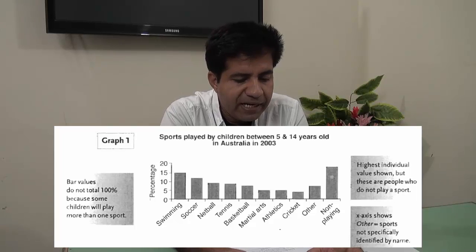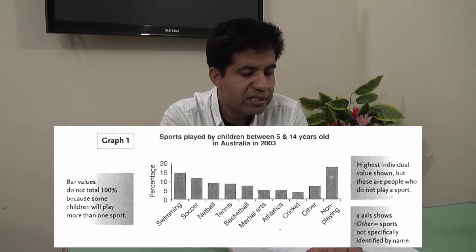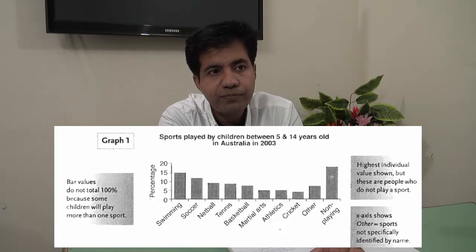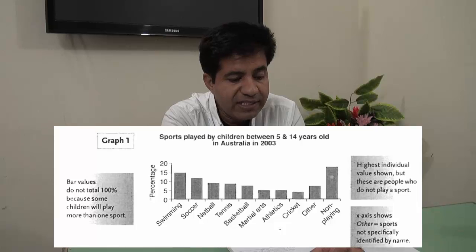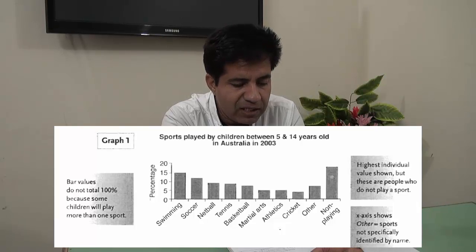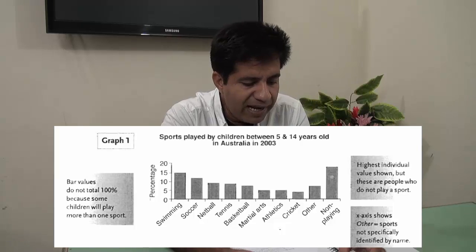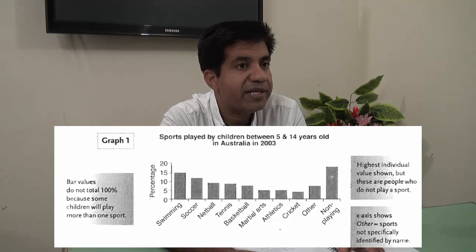Now let's see. Look at this bar graph and complete the introduction below. Now this is the bar graph, and what are the activities? We have the percentage from 0 to 20, and the activities are swimming, soccer, netball, tennis, basketball, martial arts, athletics, cricket, other, and non-playing. So bar values do not total 100%. Remember that.